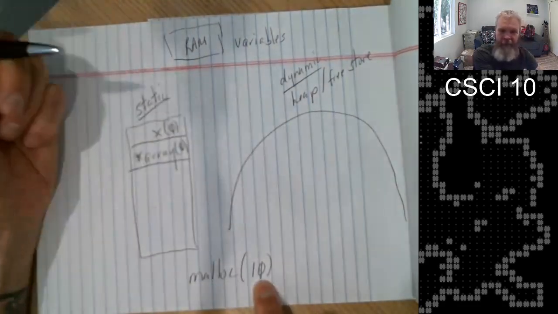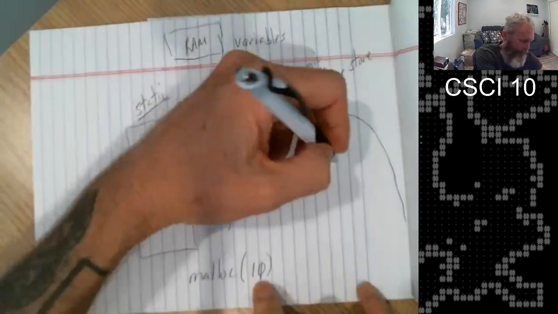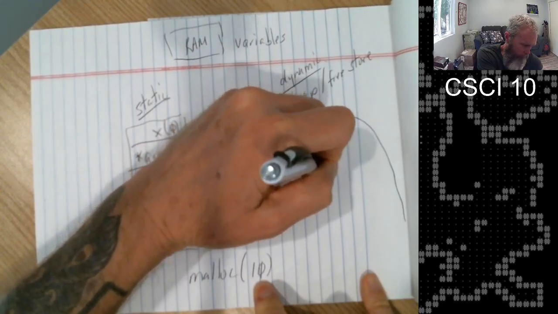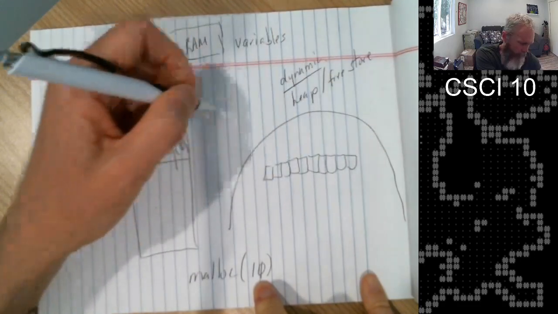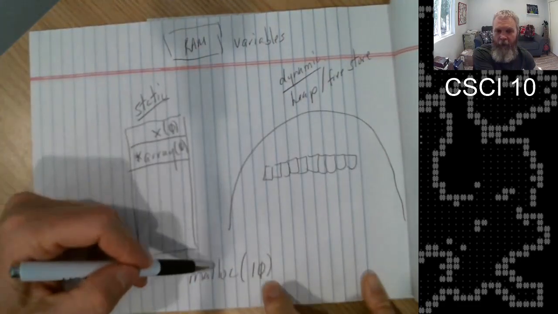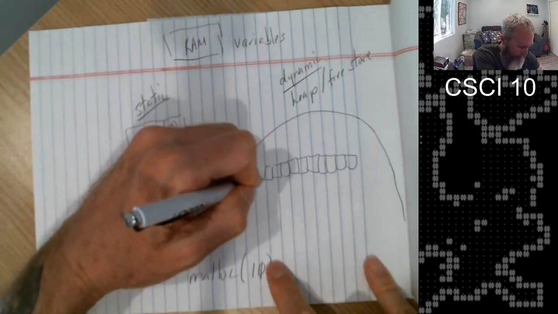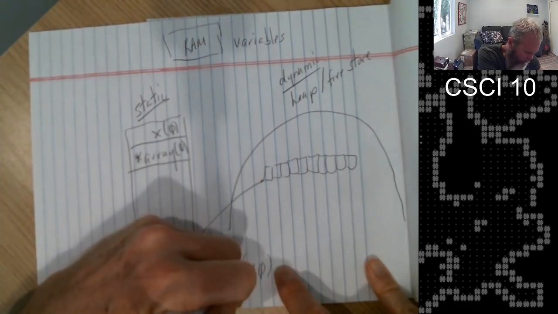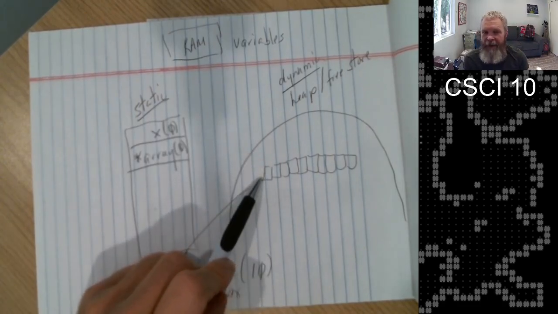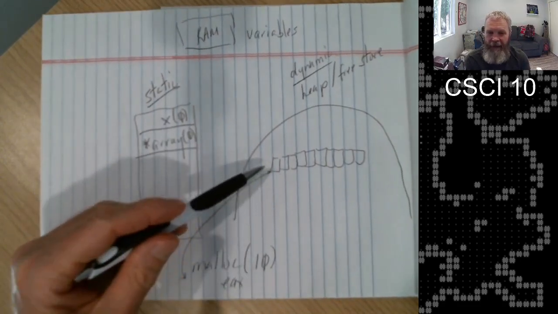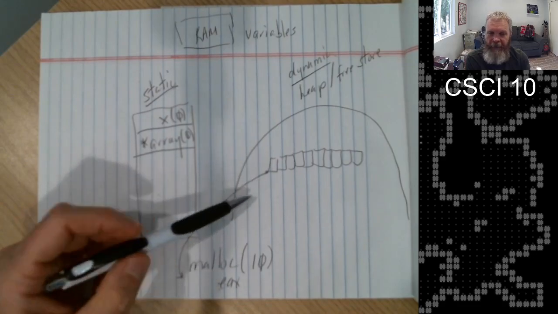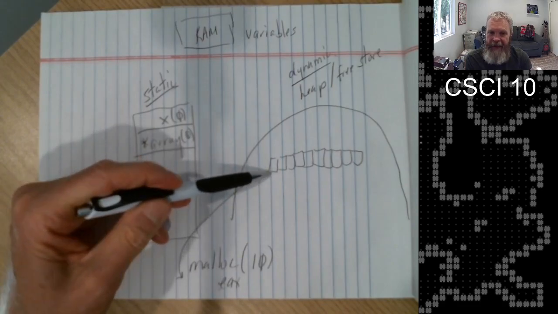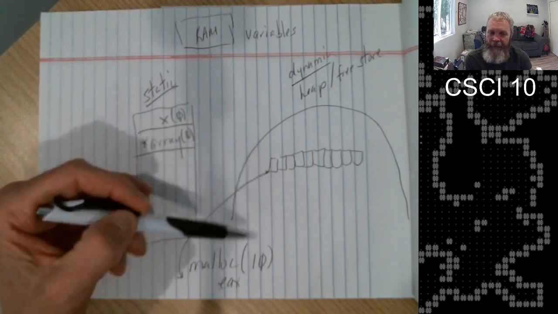So here I'm asking for 10 bytes in the heap. Somewhere in the heap. What you get back from malloc, by the way, is the address on the heap where that memory was allocated for you in EAX. So I do a malloc, and immediately after, EAX contains the address of this first cell.